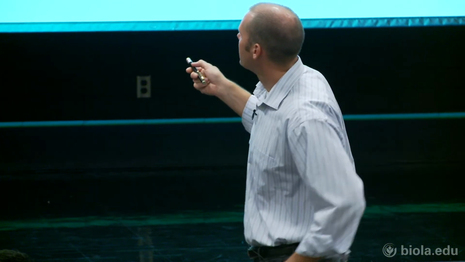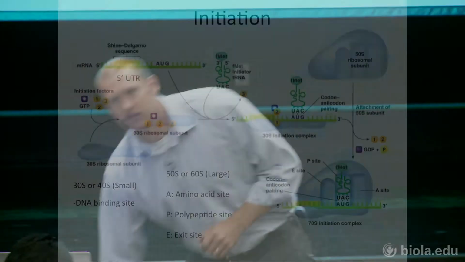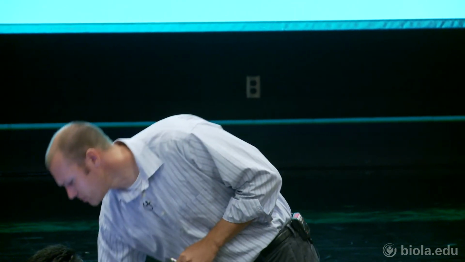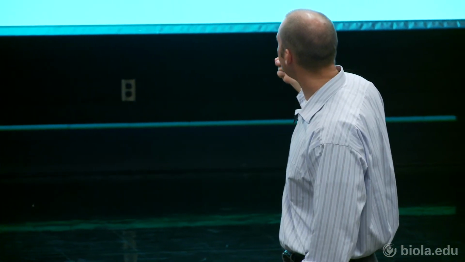In prokaryotes, they have a specific sequence called the Shine-Dalgarno sequence. It's named after the two guys that discovered it. That's the sequence that the ribosome is specific to sitting down on. So the small ribosomal subunit will recognize that Shine-Dalgarno sequence.